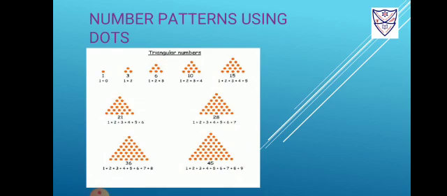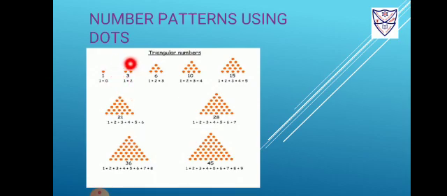Here, using dots, which shapes are made? Triangles are made. But let us understand which rule is used. As we have learned in our earlier slide, patterns are formed with a rule. So here let us understand which rule is used. 1 dot is there. So 1, then 1 plus 2, it is increased by 1.